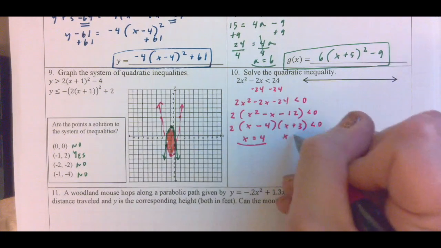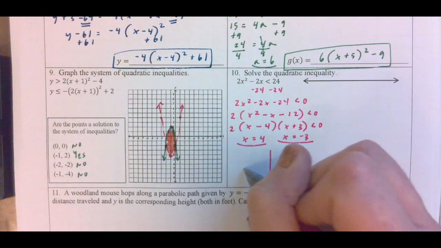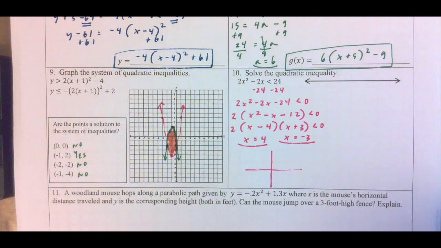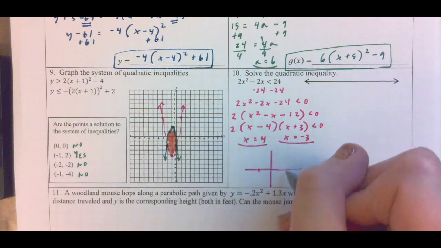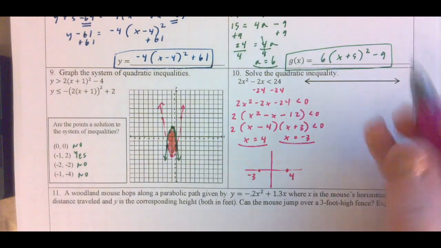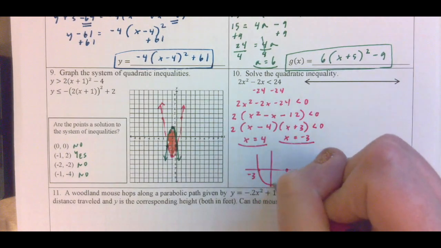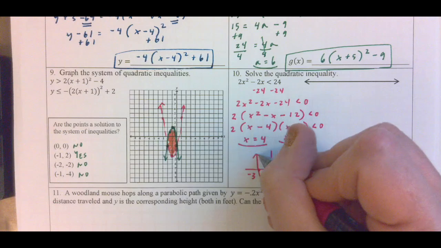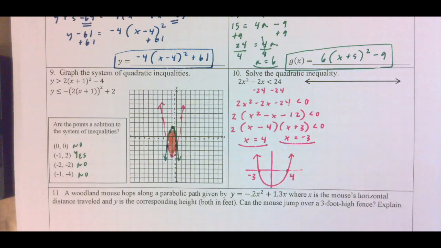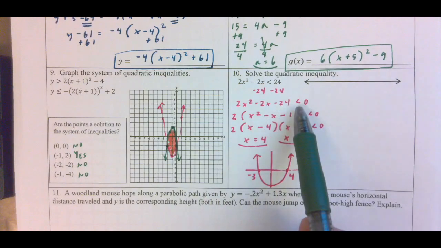and x is -3. If I visualize this as a quadratic, and I plot those critical points, so about here and here, here's my -3, here's my 4. I know that if I was graphing this as a function, it would have a stretch factor and it would open up. But now I'm interested in where is it less than 0?